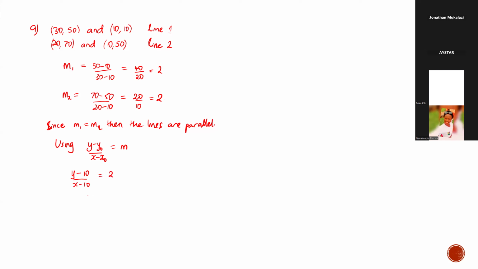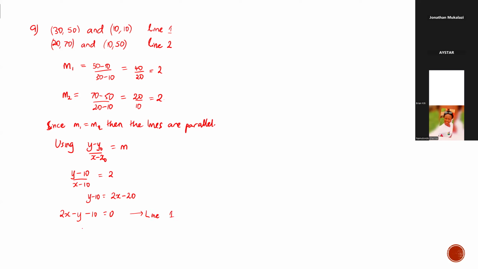So this gives us y minus 10 is equal to 2x minus 20 when we multiply both sides by x minus 10. We could rearrange this and write it as 2x minus y minus 10 is equal to 0. I'm writing it in this form because for the next part of the question, we'll need to find the distance between the lines. So this is for line 1.